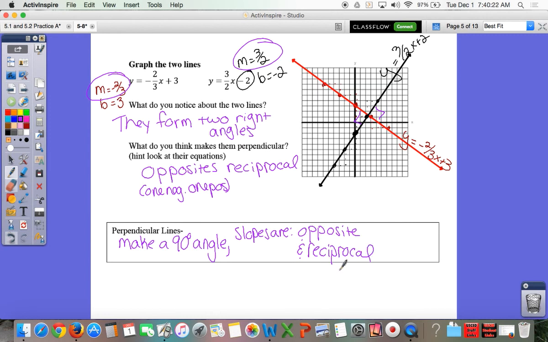And the way you write perpendicular is like an upside down T. So I would say if I knew a slope was 2/5, the perpendicular slope would be -5/2. So on and so forth.